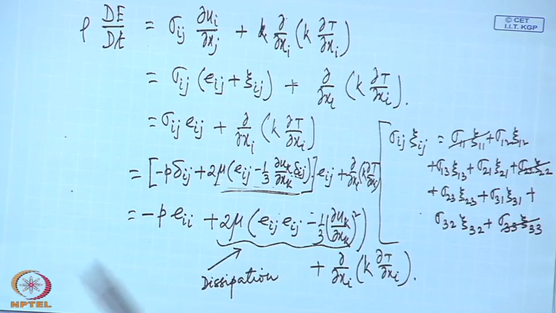So, there is no further unknown. What we had earlier were 3 components of velocity, pressure, density, and now temperature or internal energy. Along with the equation of state, we now have 6 equations with 6 unknowns.